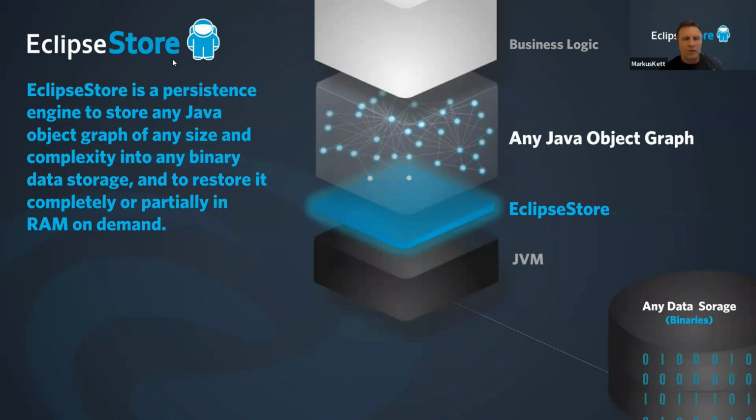But you can also use a cloud object store like AWS S3, and this might be a little bit strange, but you can also use a classic database to store your binaries, because classic databases can store binaries.